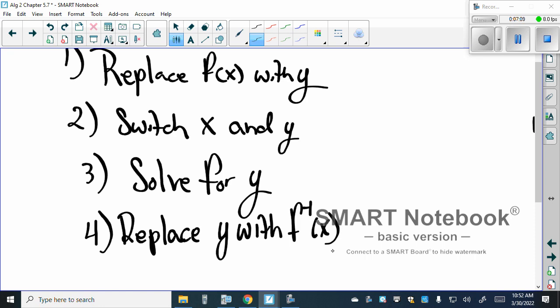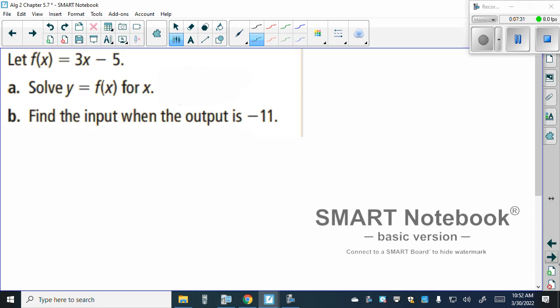And these here are our main four steps for finding the inverse of a function. So we're going to do that with this one here.